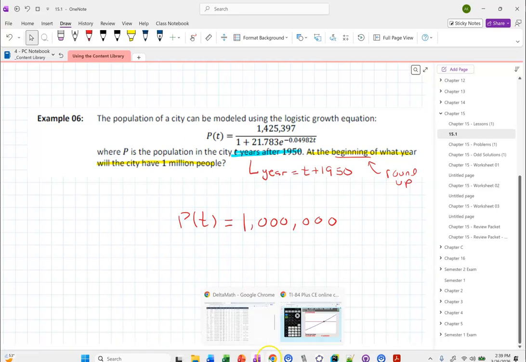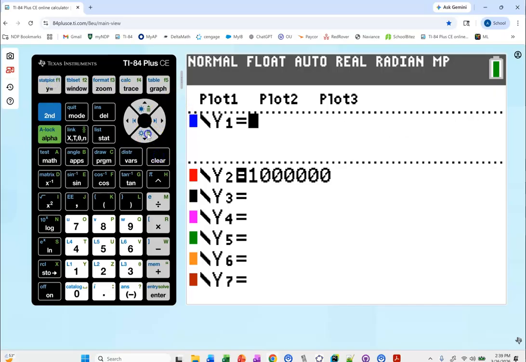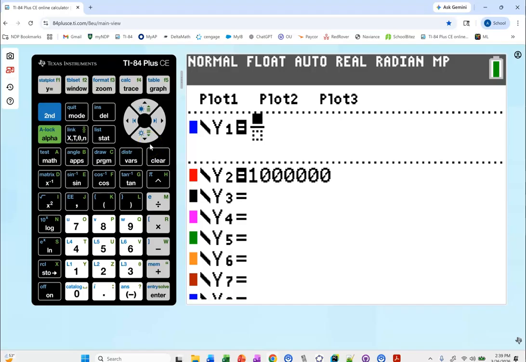So again, how am I going to do this? On my calculator, I'm going to go ahead and type in my logistic equation here.